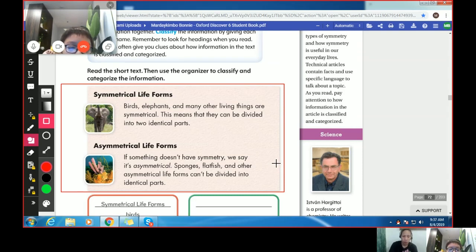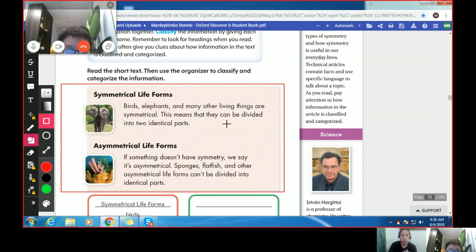If something doesn't have symmetry, we say it's asymmetrical. Sponges, flatfish, and other asymmetrical life forms can't be divided into identical parts.